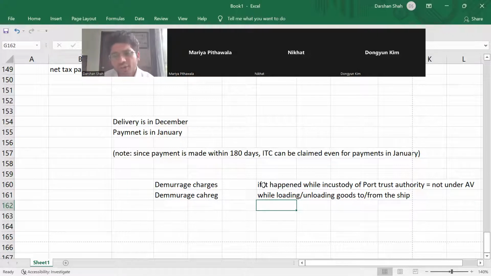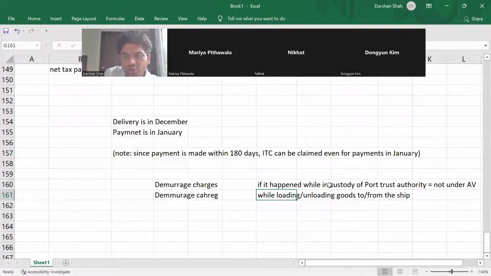If the port trust authority is at fault, we will not take it under assessable value. Correct? If it happened while in the custody of port trust authority, we will not take it under assessable value. But if this is happening while loading or unloading from the ship, correct, then we'll take it under assessable. Is this doubt clear? Okay, yes, next.